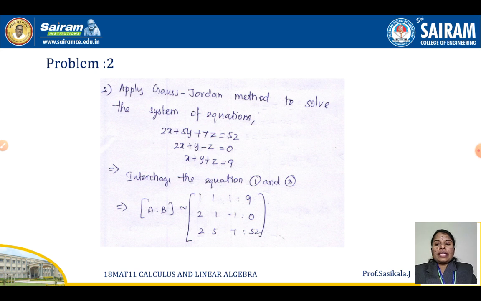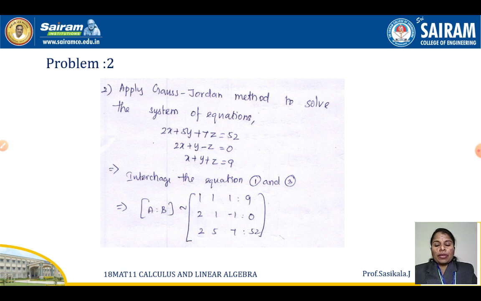Okay, so apply the Gauss-Jordan method to solve the system of equations which is 2x plus 5y plus 7z equal to 52, and 2x plus y minus z equal to 0, x plus y plus z equal to 9. So interchange equation 1 and 3, because you can see the first element in every row should be 1.